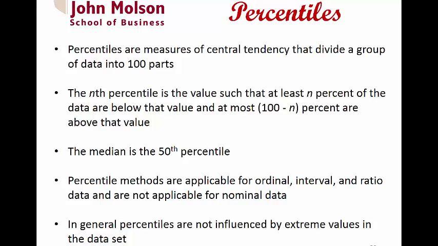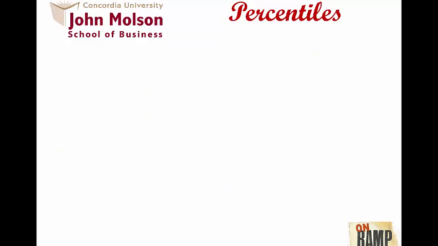For example, the median is the 50th percentile: 50% under, and 50% above. So the percentile method is applied to ordinal, interval, and ratio data, but not to nominal. And in general, the percentiles are not influenced by extreme values in the data set.